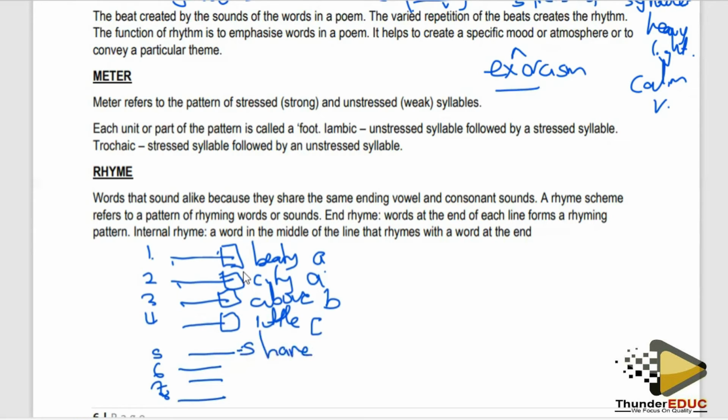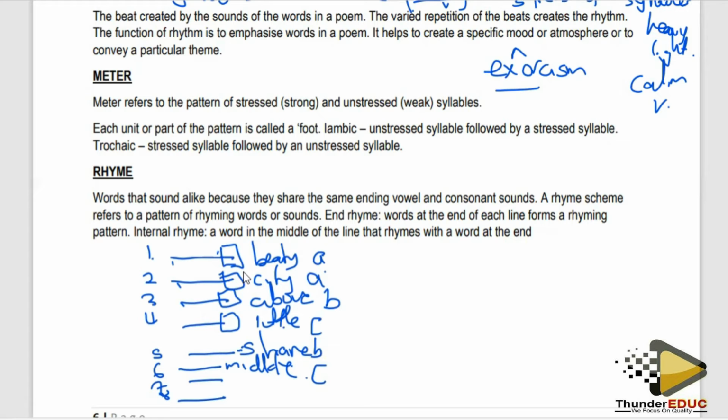But then you come here and have something which rhymes with above, internal rhyme, mickle, lickle, and you have mickle there, right? Remember we had lickle, which means mickle and lickle are the same rhyme, which means C will come back. But share doesn't have anything above it, which means that's a B.